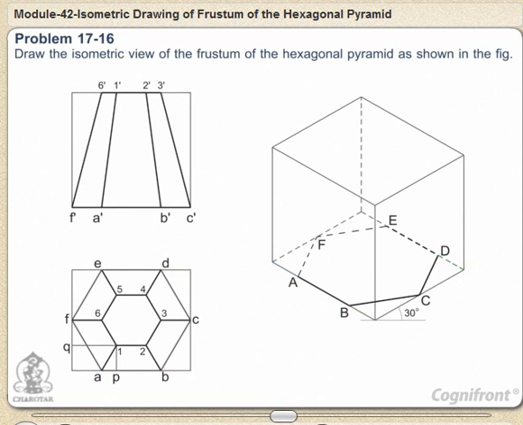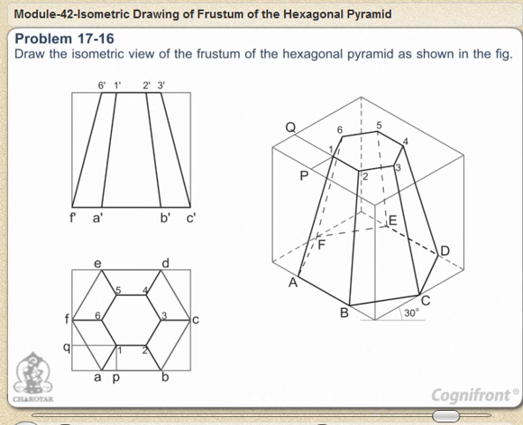The upper 6 points on the top surface of the box are located by drawing isometric lines. For example, P1 and Q1 intersecting at a point 1. Join the corners and complete the isometric view as shown.